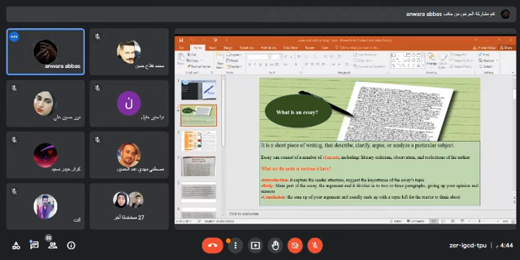In essay writing, we have three main sections: introduction, body, and conclusion. The introduction is the part of your essay that suggests the essay topic or the thesis statement.